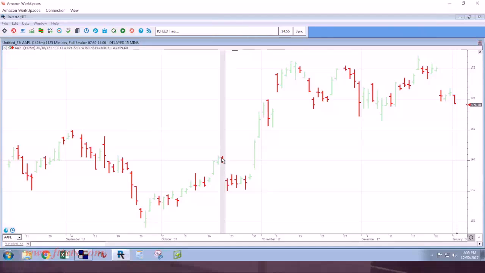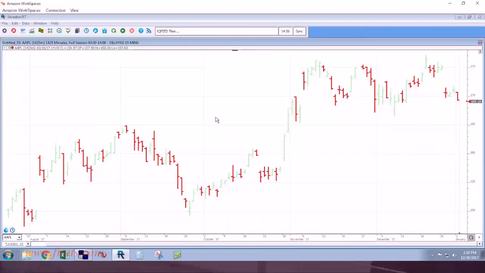On the left is the open, the right is the close. Sometimes it's a little bit easier to see than on a Japanese candlestick. And these are colored by direction. It's just another way of organizing price. We're looking at price on specific time intervals, but everything begins with price.